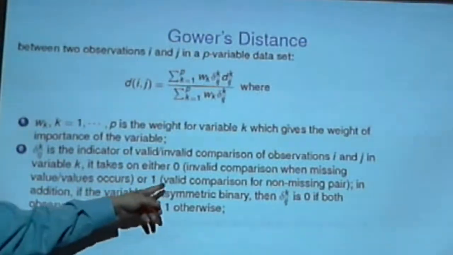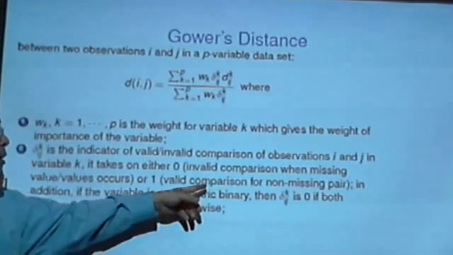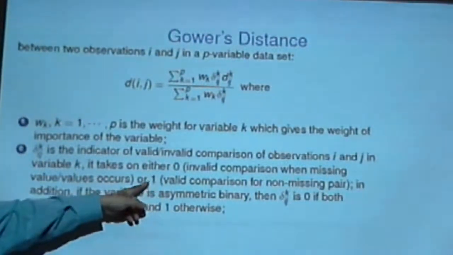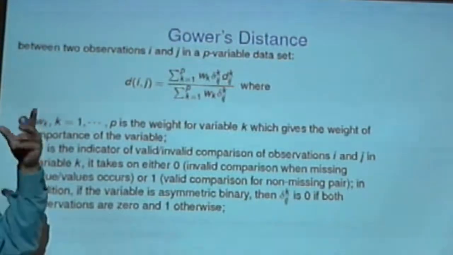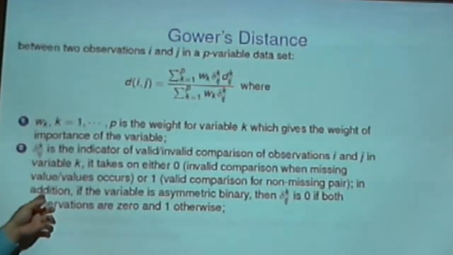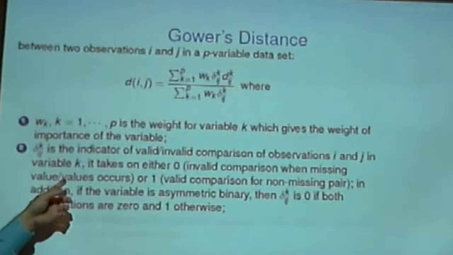If both i and j are non-missing in variable k, then you assign delta_ijk 1, so it's sort of an indicator. In addition, I do not want to call this an invalid comparison, so I set it aside.